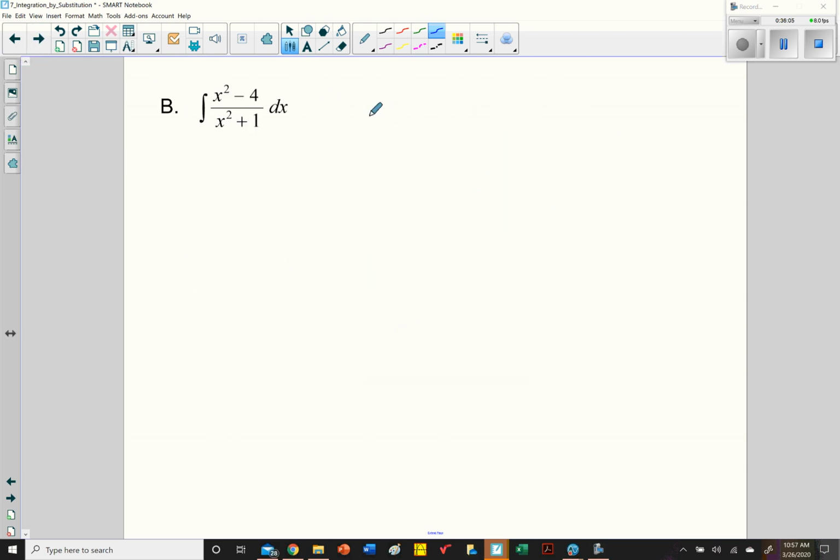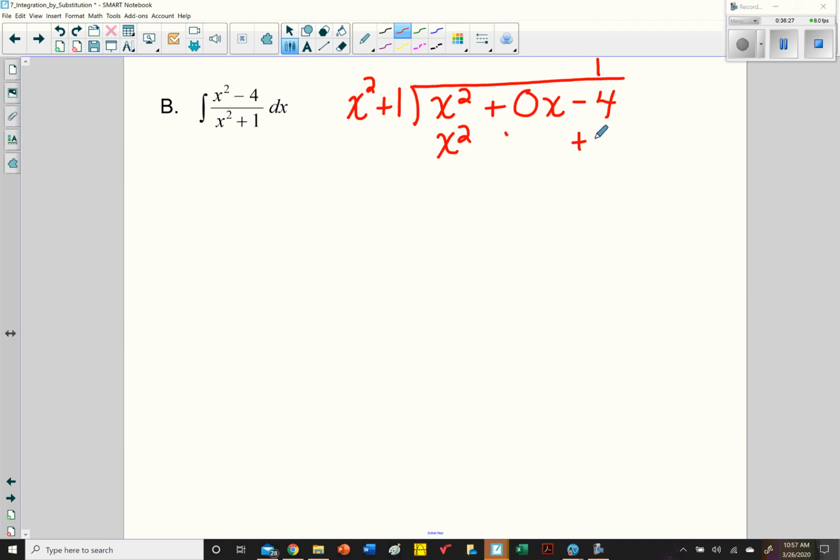Let's try one more. In this case, I'm kind of forced to use long division. We have x squared plus no x term minus 4. And x squared divides x squared one time. 1 times x squared plus 1 is here.